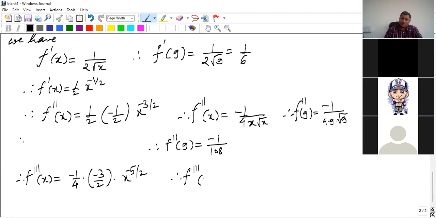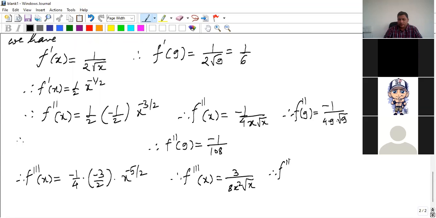So f triple dash of x is equal to, this minus will become plus, so we'll be having 3 by 8 x square root x, because we are having x raised to 5 by 2 in the denominator. So x raised to 5 by 2 means 2 full and 1 half. So it is going to be x square, and this is going to be root x again.